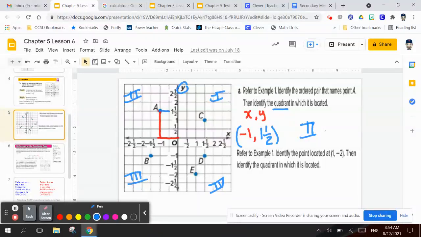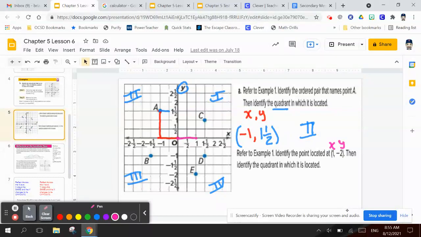Refer to example number 1. Here's our example. Identify the point located at 1, -2. In this case, I've got to find the house. So here's my x value, here's my y value. We're going to go to my x value first. So I'm going to start at 0 and I'm going to go to 1.